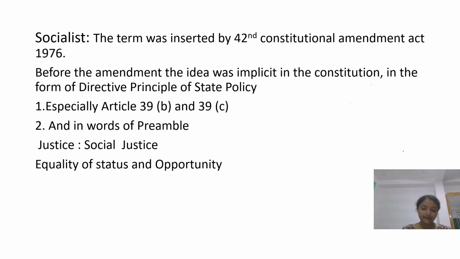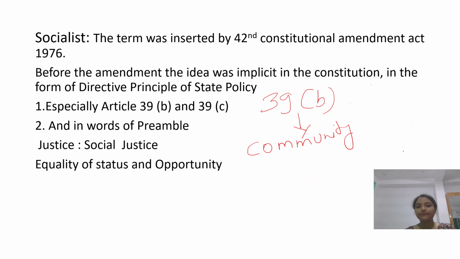So I will read out Article 39B. Article 39 Clause B states that the ownership and control of material resources of the community are so distributed as best to subserve the common good. So what are community resources?